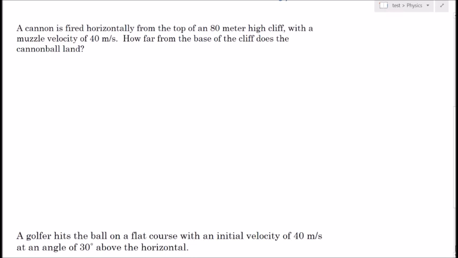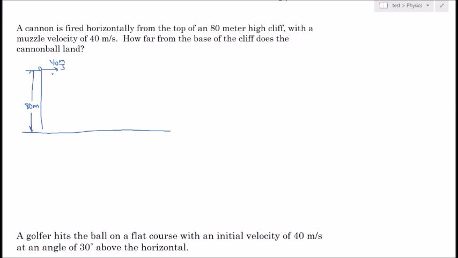We have a cannon that is fired horizontally from the top of an 80-meter high cliff with a muzzle velocity of 40 meters per second. The question is, how far from the base of the cliff does the cannonball land?